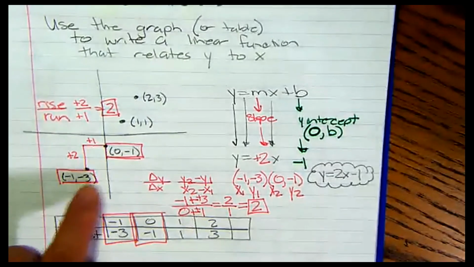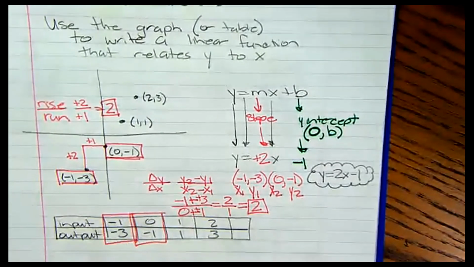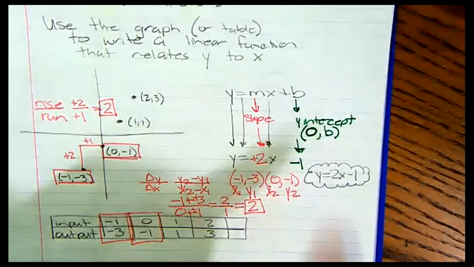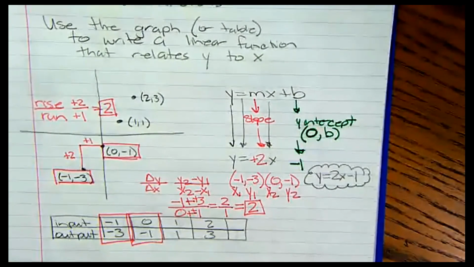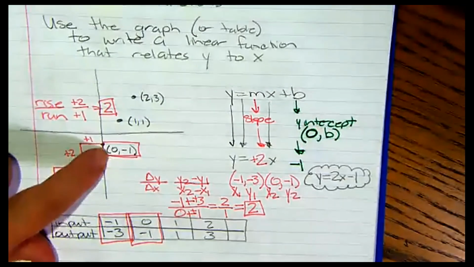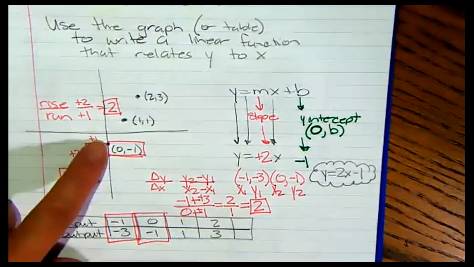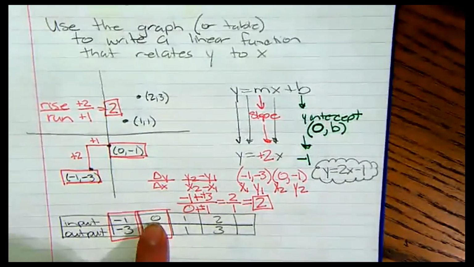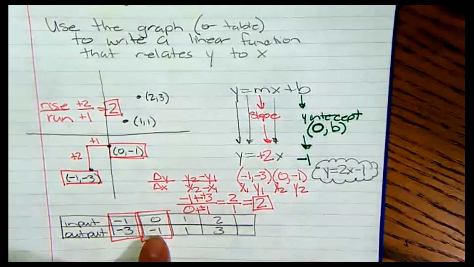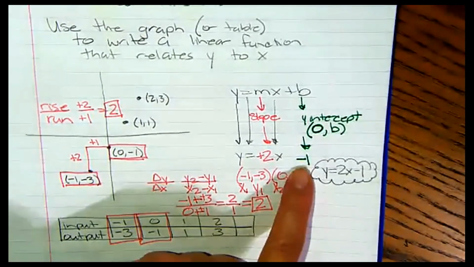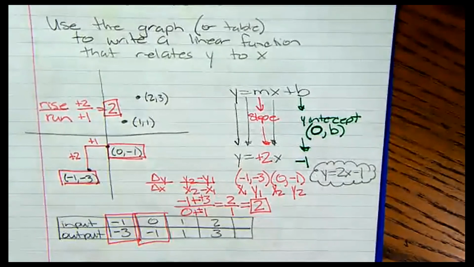And you can use 2 points on the graph or 2 points from the table. Substitute your slope in. And then your y-intercept is, where does the line cross the y-axis when x is set to 0? So when x is set to 0, it crosses my y-axis at -1. So we just substitute that in, and then here is our linear function, also known as a linear equation.